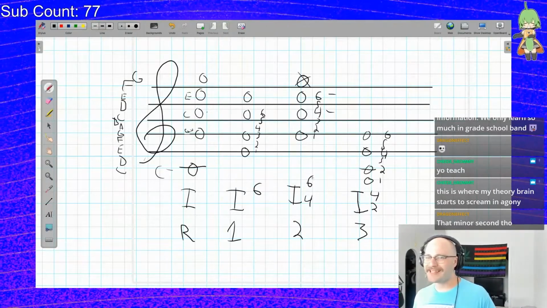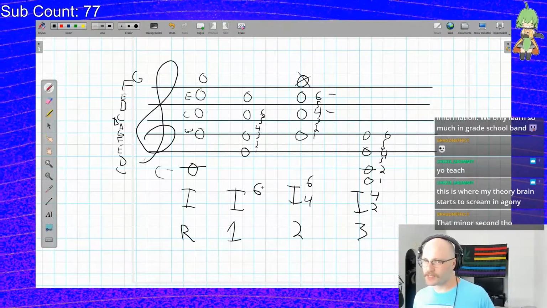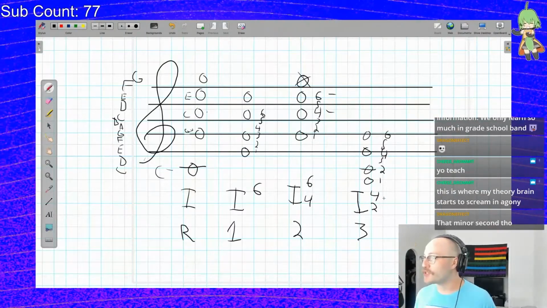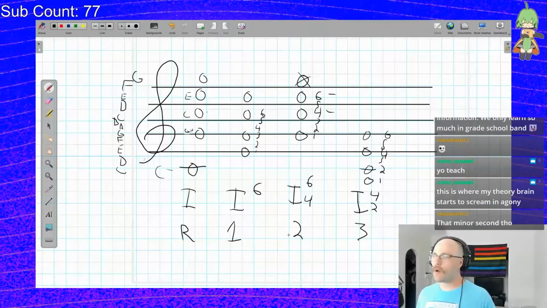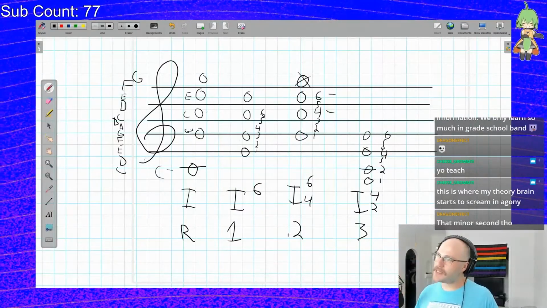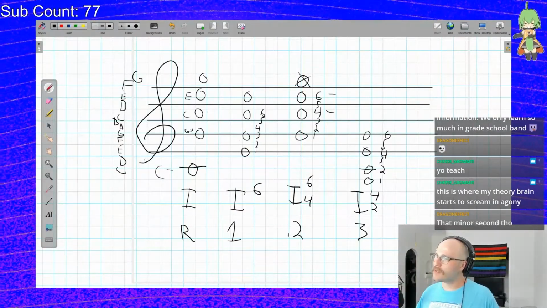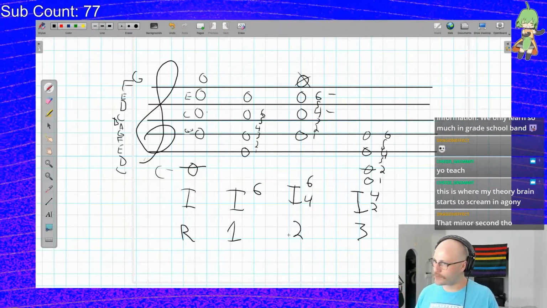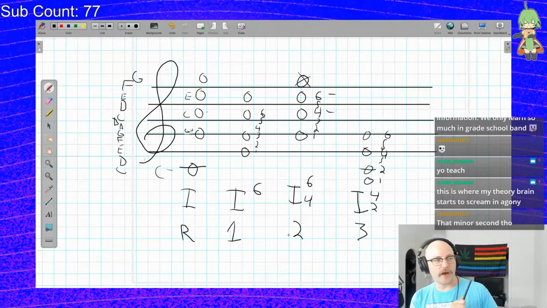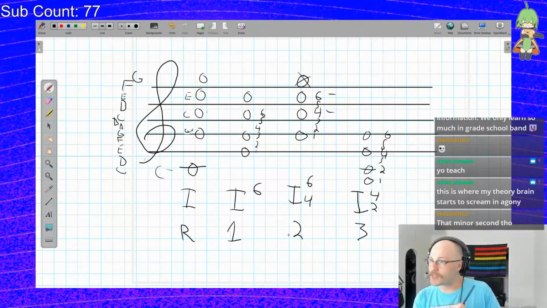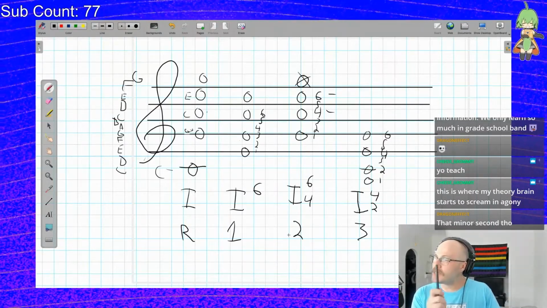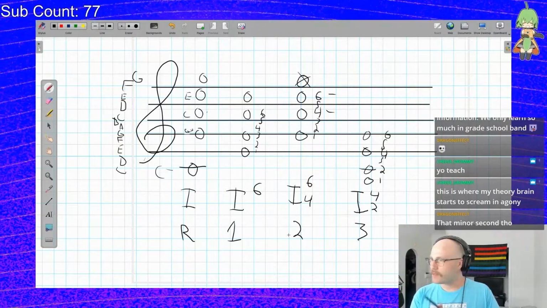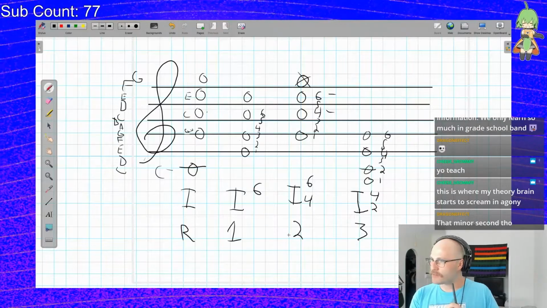You have the 1-6-4 to distinguish between the 6, and the 1-4-2 or 6-4-2 or just 2. These are the accepted inversions of triads and 7th chords. Dragon Effect had a question about how inversions apply to extended harmony. This is the extent of what is universally accepted as extended harmony inversions.